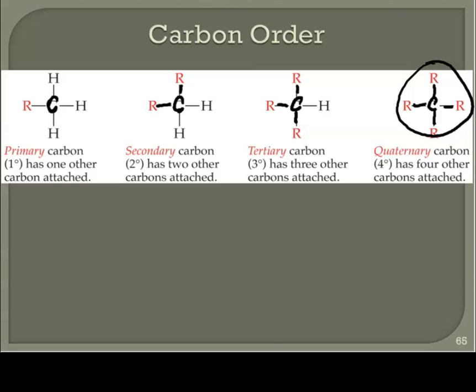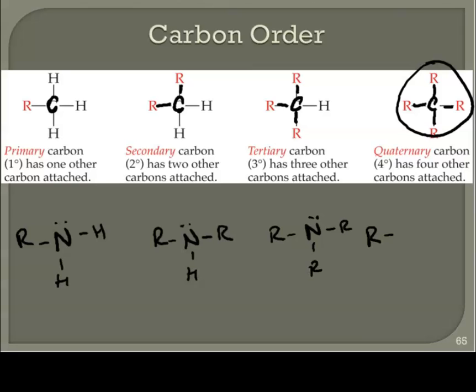Just to mention, in the future, nitrogen also uses the same naming system. We could write the same thing with nitrogen. And generally we have that lone pair, so that would be a primary, secondary, tertiary.